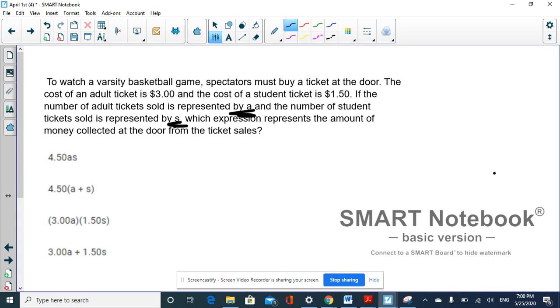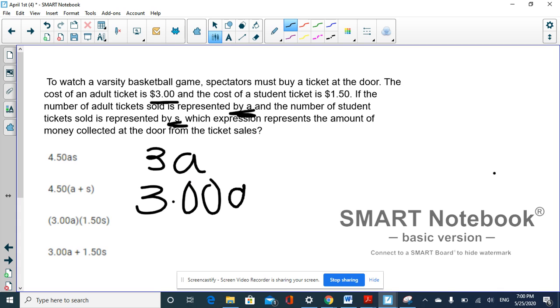So how many adult tickets? A, the number, and the price will be A times $3, meaning 3 times A. We can write it as $3 times A. And how many student tickets?